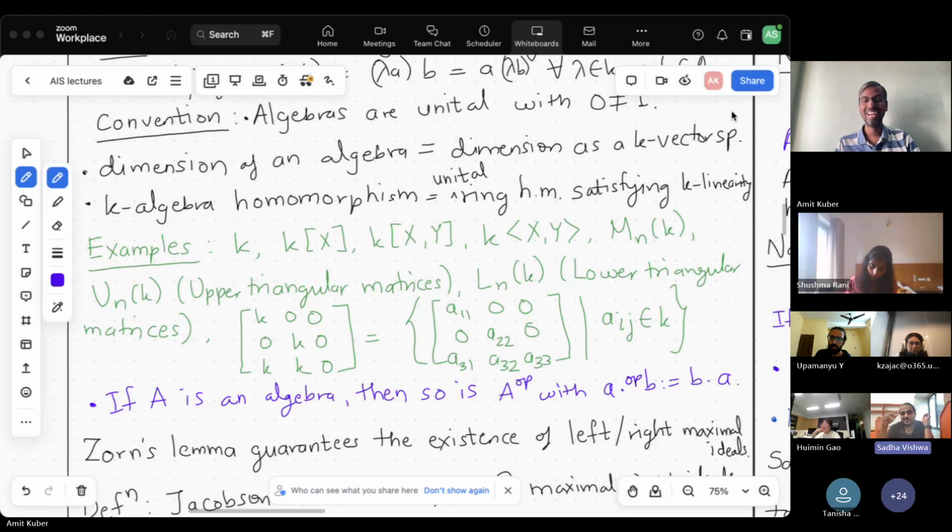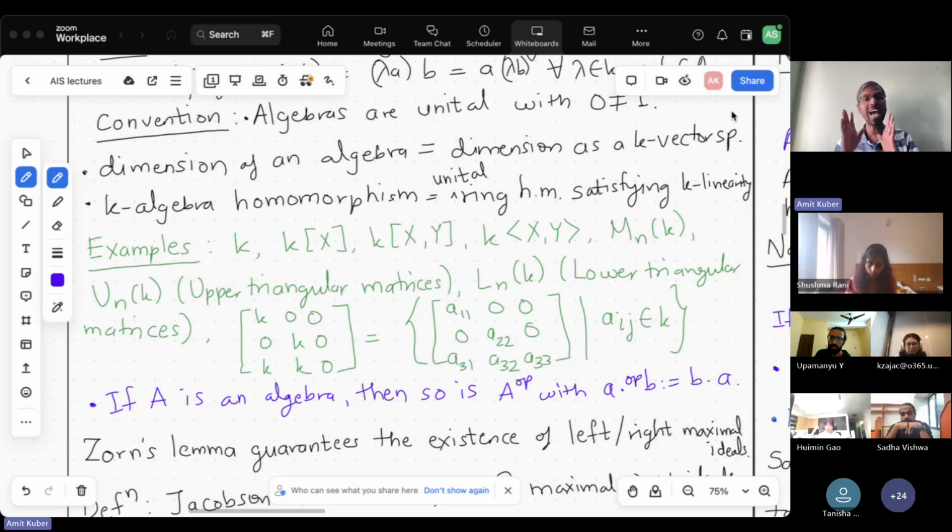That should be a quiver with some relation, because the 2 loops will get me K with angular brackets XY. Very good. So if you have 2 loops, the loop quiver L2, that will give me K with angular brackets XY, and not the commutative version.